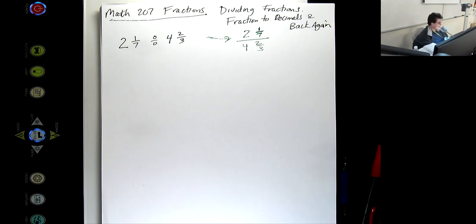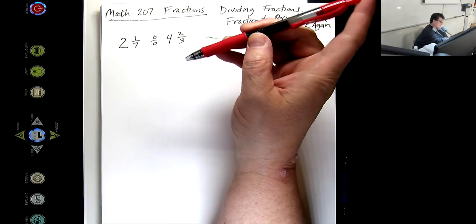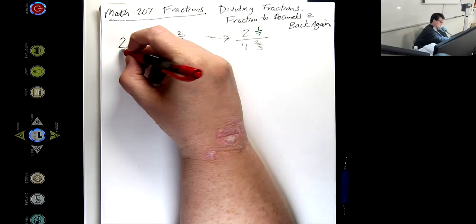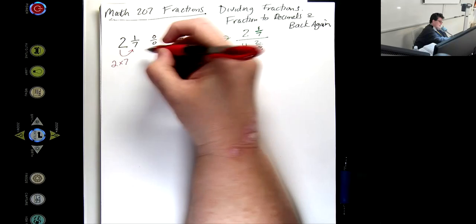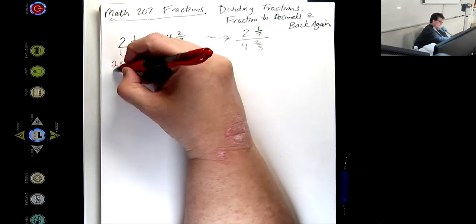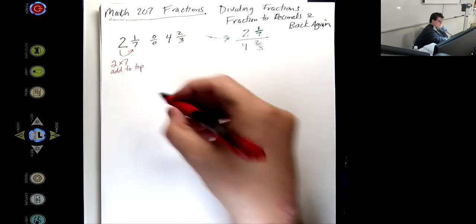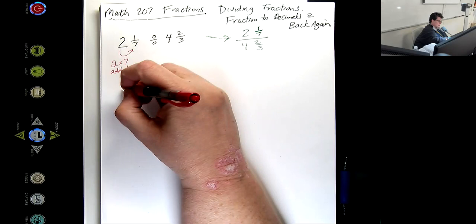Okay. So to do division of fractions, you always want just a fraction. So remember, to make a mixed number improper, we take this number and multiply it by that. So I'm going to say 2 times 7, and then add the 1 to the top.